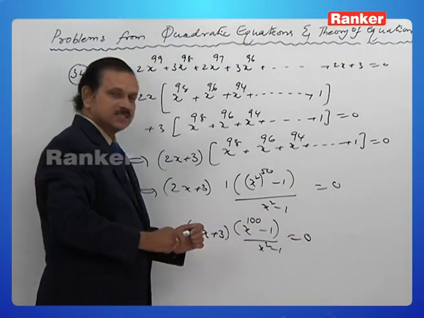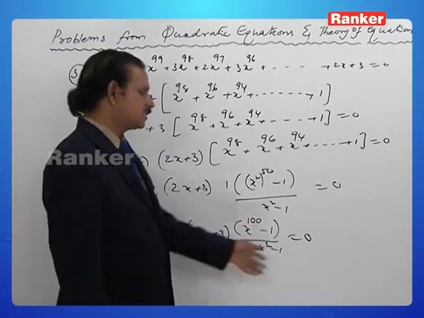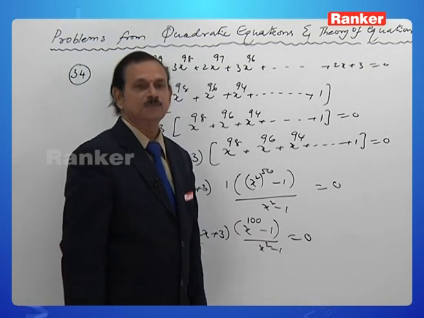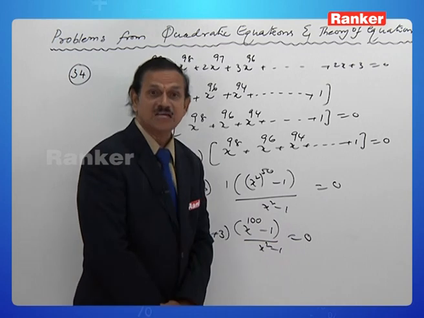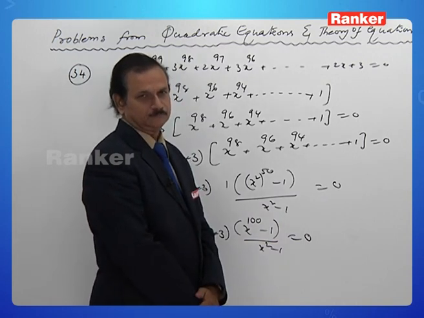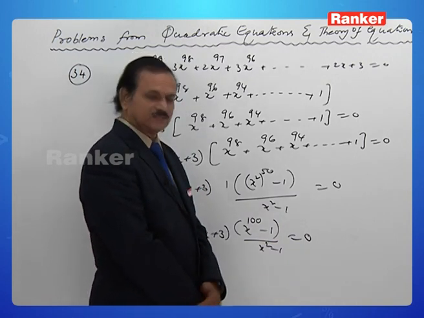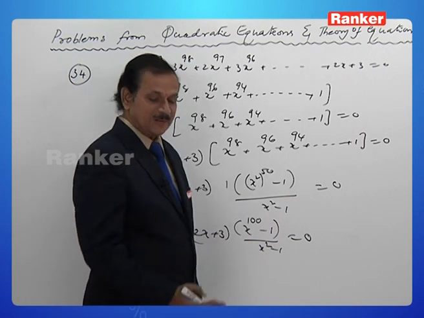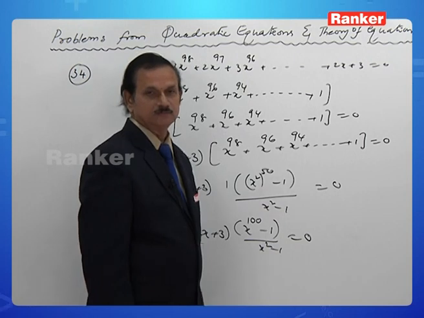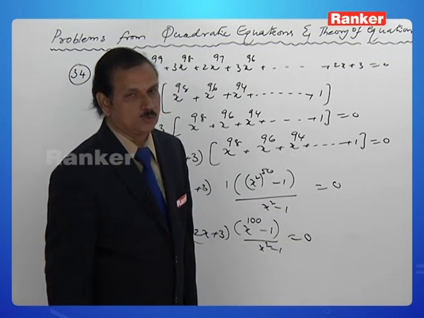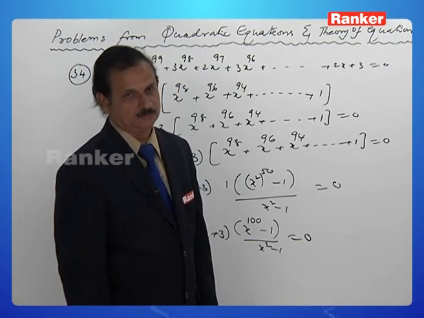By looking at this equation, one can easily notice that the possible roots are minus 3 by 2 and plus or minus 1. But plus 1 and minus 1 cannot satisfy the equation, so plus or minus 1 is not possible.